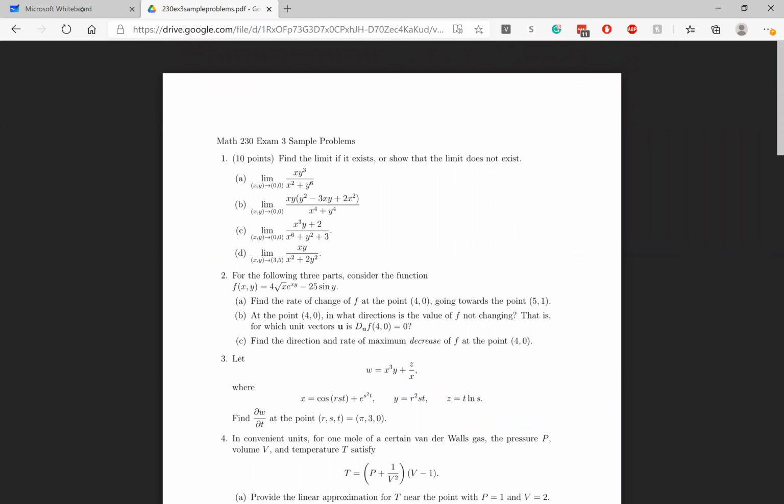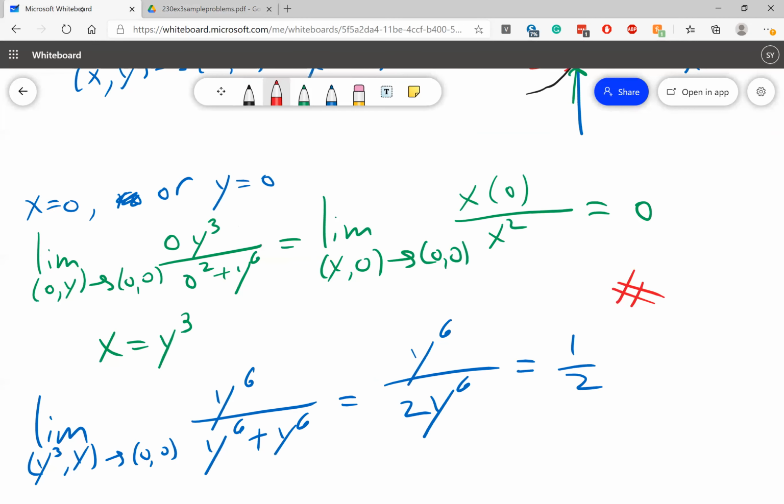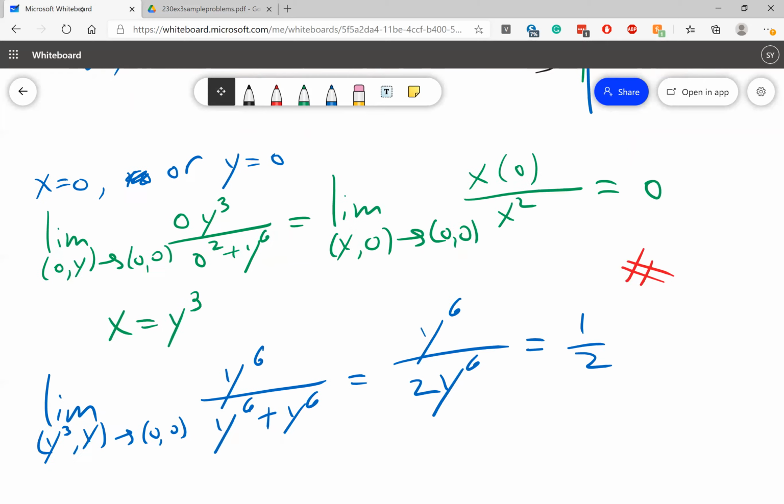Okay, for the second problem, so let's try once again.